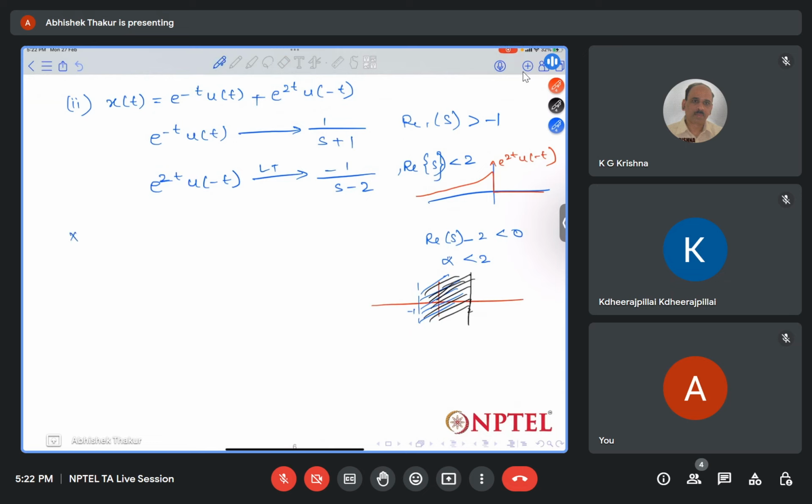So X(s) will be the summation of these two, that is 1 by s plus 1 minus 1 by s minus 2, and the region of convergence is minus 1 to 2.